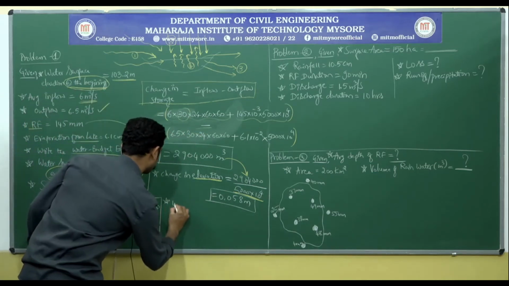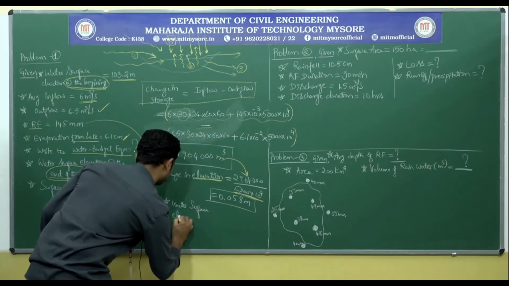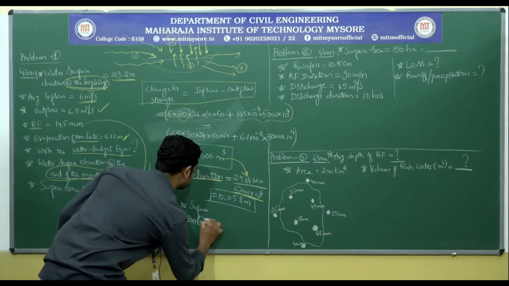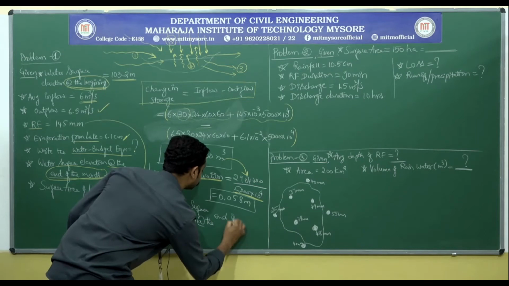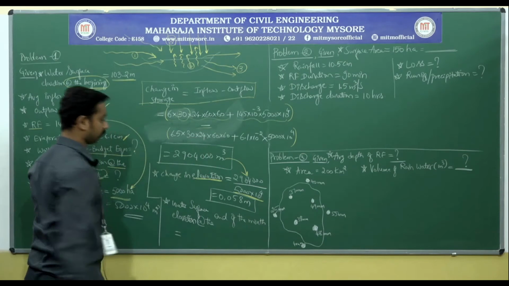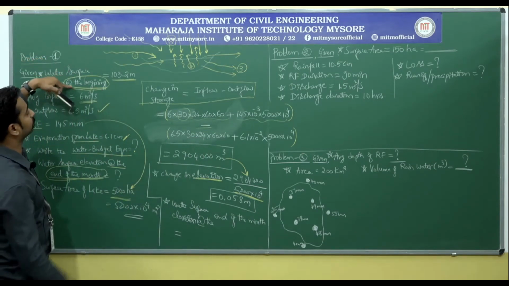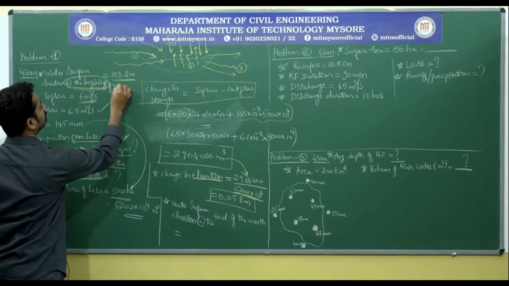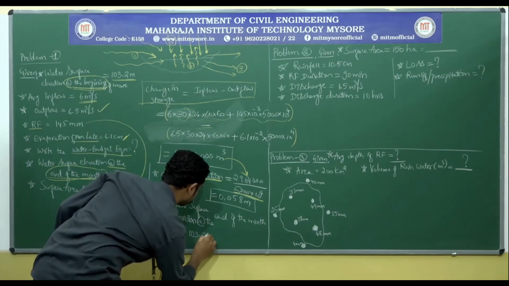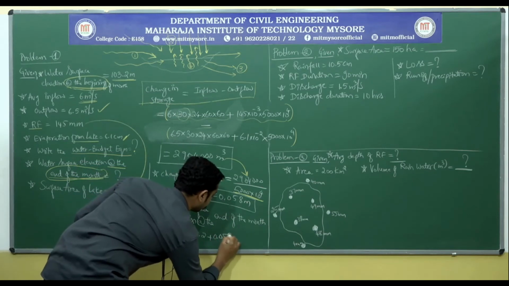Now, water surface elevation at the end of the month is equal to the water surface elevation at the beginning of the month, that is 103.2, plus change in elevation 0.058.